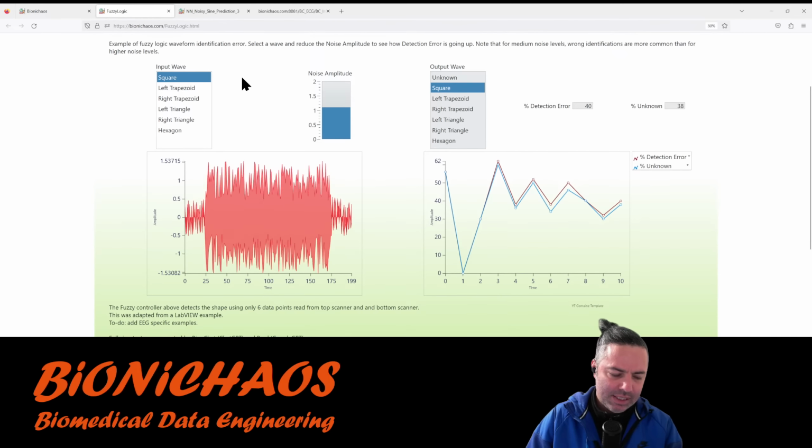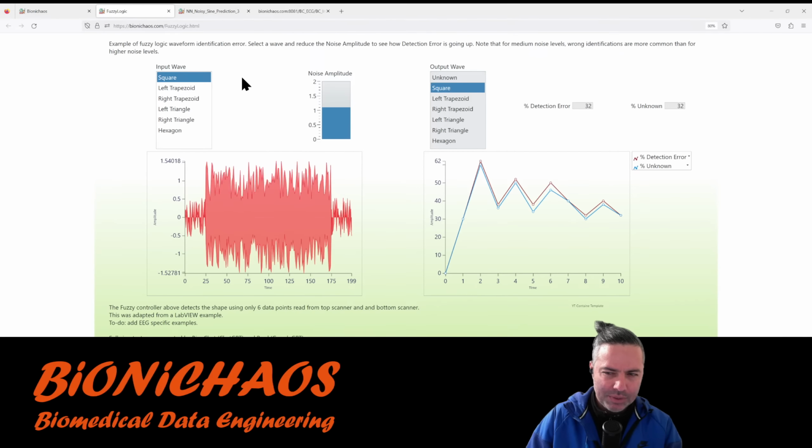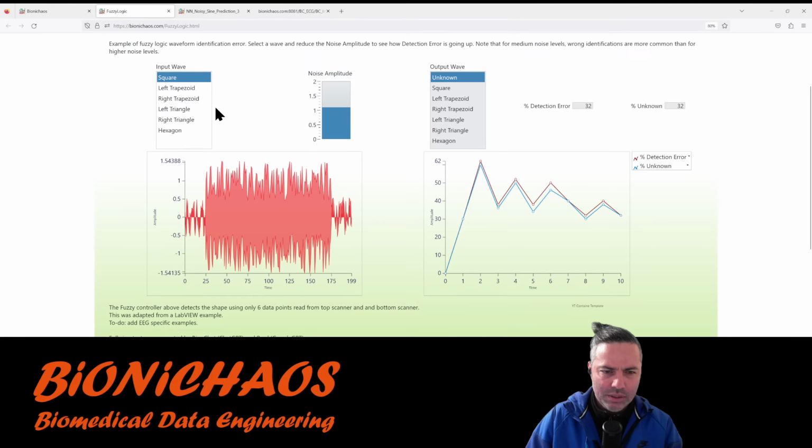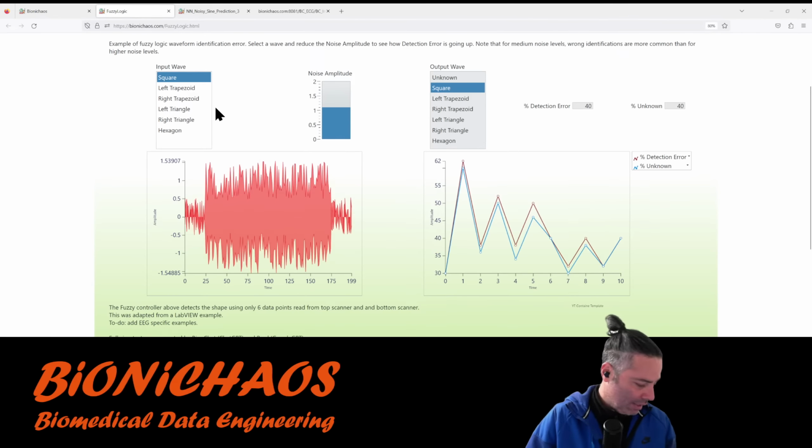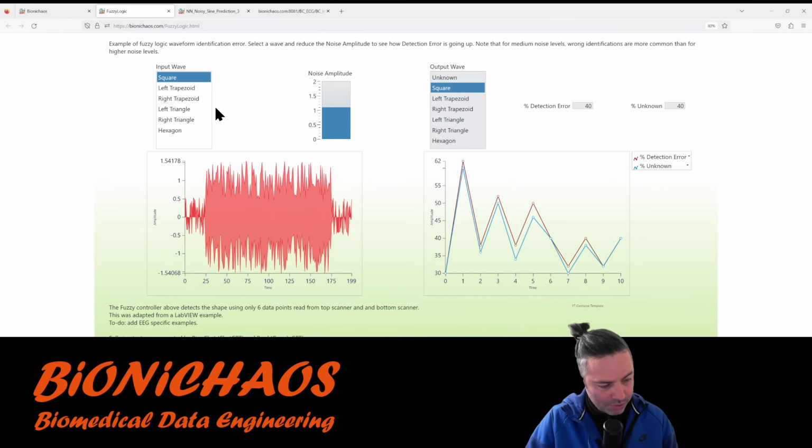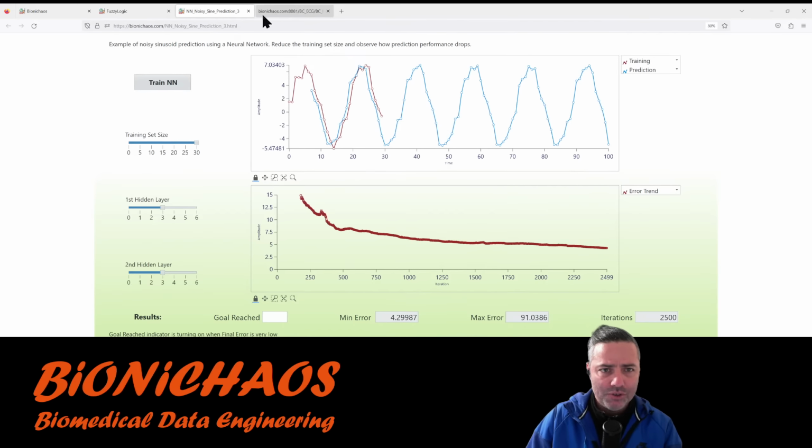I think the URL will just time out. I think it's to do with the settings of the browser, but I'm not 100% sure. So we covered the neural net, noisy sinusoid prediction. Let me know if there's any questions, but I probably misunderstood the original question.